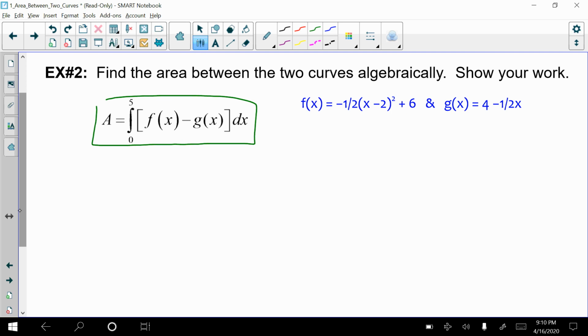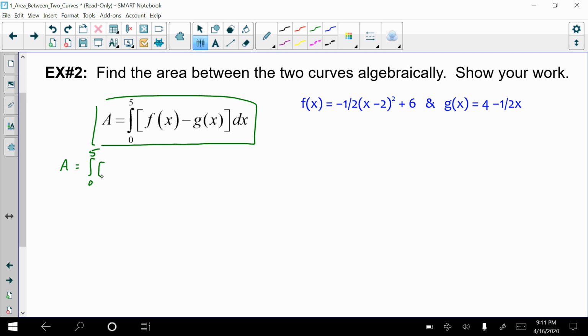So I'm going to start this off by saying the area is equal to the definite integral from 0 to 5. And 5, golly, I can't write a 5 nicely for some reason. 5, there we go, much better. We're going to take those two functions and put them in there.